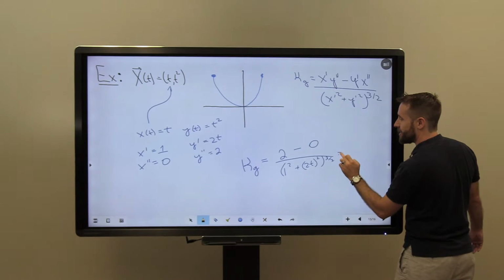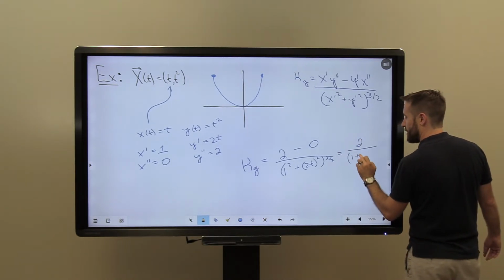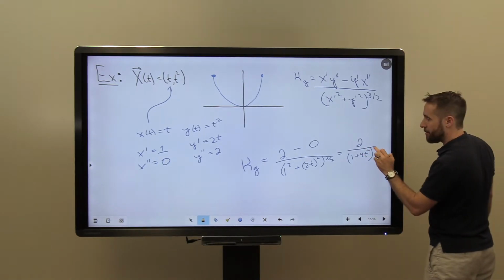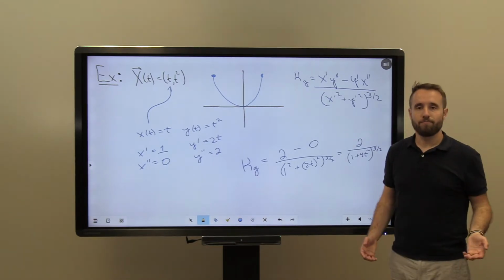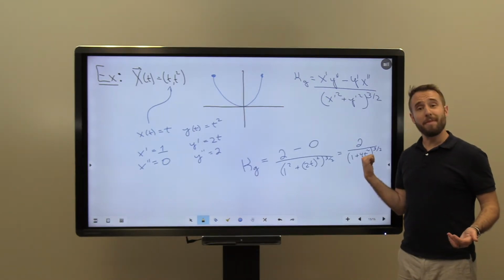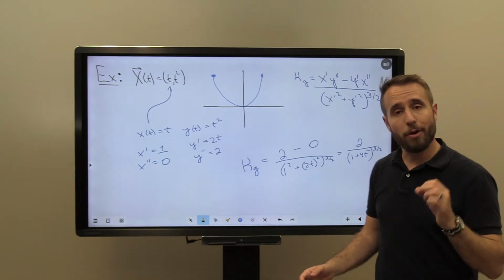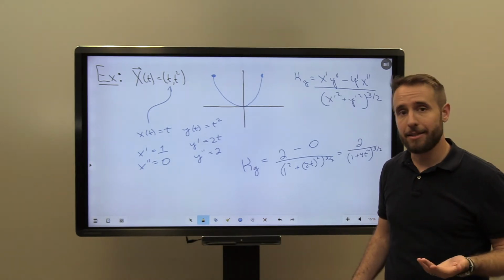And I think maybe the easiest way we can write this is 2 over 1 plus 4t squared raised to the 3/2. And we'll leave it like that. Cool. So that's sort of a messy function, but it does give us a measurement at each point in time t for what the curvature should be at t.